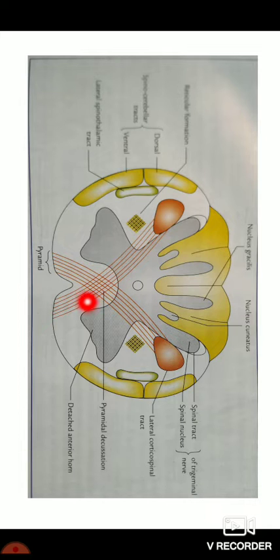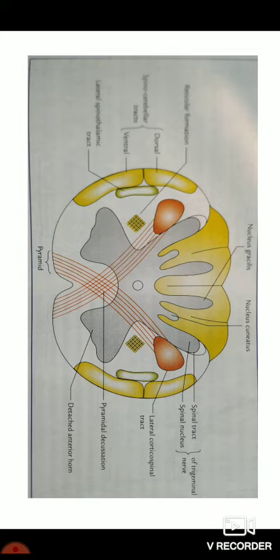So here we have 75% of the pyramidal tracts running backwards and laterally. So the pyramidal decussation will be here. They will run backwards and laterally, and they will reach the lateral white column of the opposite side of the spinal cord, where they will run downwards as the lateral corticospinal tract.